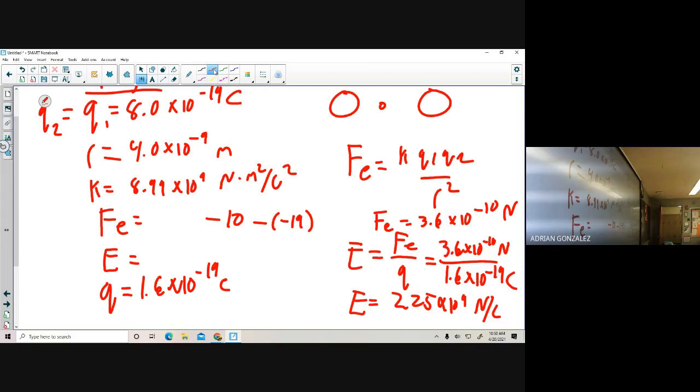Now, you could get this question as a three-part question. Find the electrostatic force, find the field intensity, and then I could ask you to draw the field between those two. Right? And I said they're identical, which means they have the same charge, which means what would the lines look like? Would they be going into each other, or would they be bending away from each other?